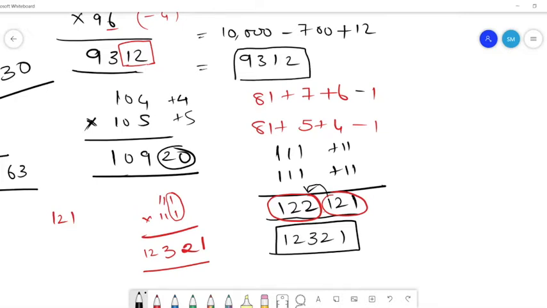So can you check with the other examples for above 100, and also take numbers close above 1000, 1004 and 1005. Try to make a prediction first, and then see what the actual answer is.